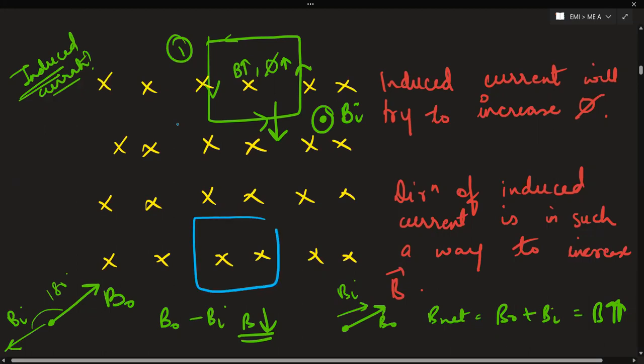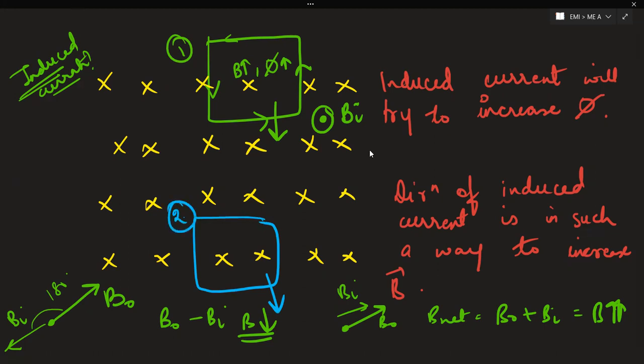The coil, this is the second coil. This coil is now moving away. So yes, Imad, can you tell me, will the magnetic flux increase or decrease? It's moving away from the magnetic field region, so it will decrease.